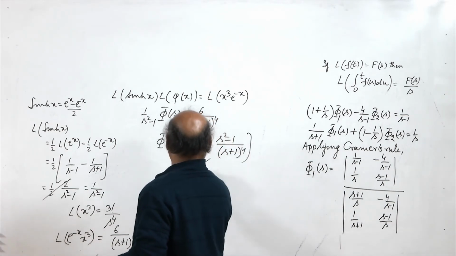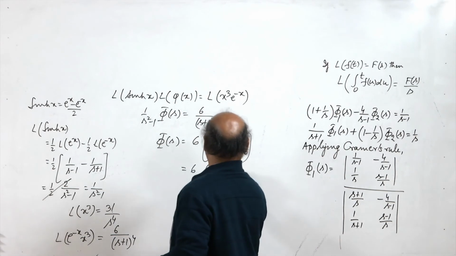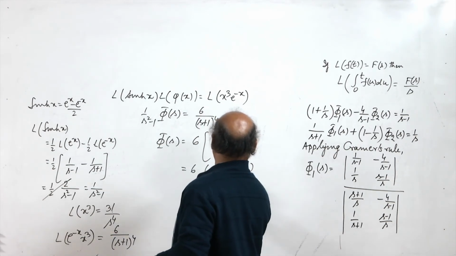Now, this is 6 times s minus 1 into s plus 1 divided by s plus 1 to the power 4.